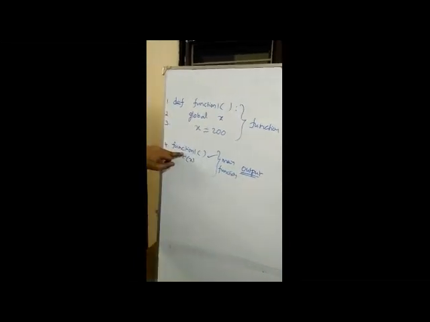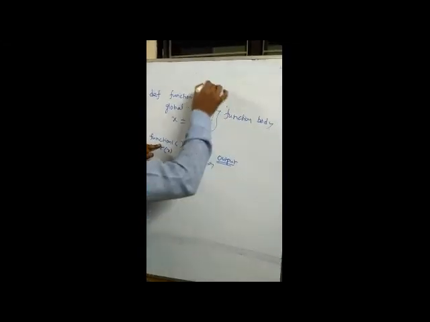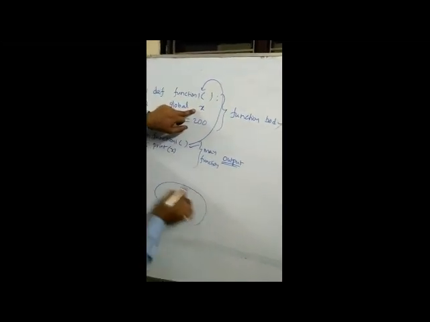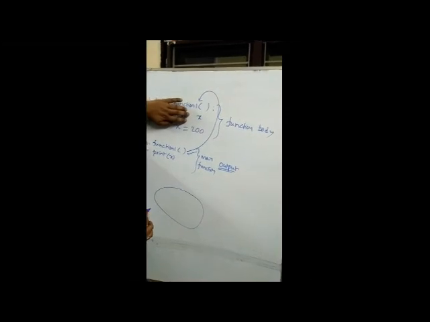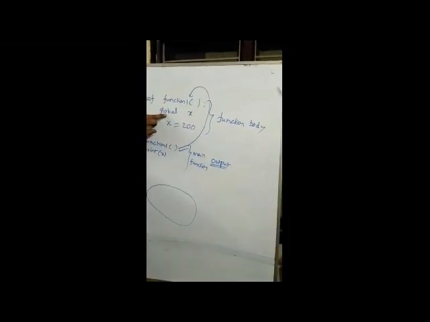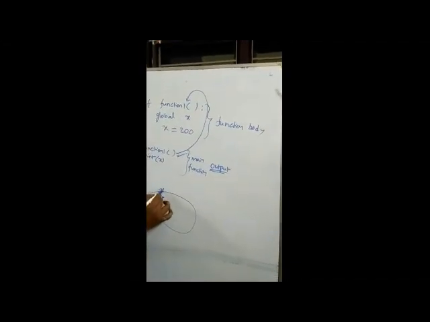When you call function 1, immediately control goes to this place. Here x is global. Up to now, all variables inside the function are local, but this time it acts as a global because we wrote the keyword global. So this x is global access.